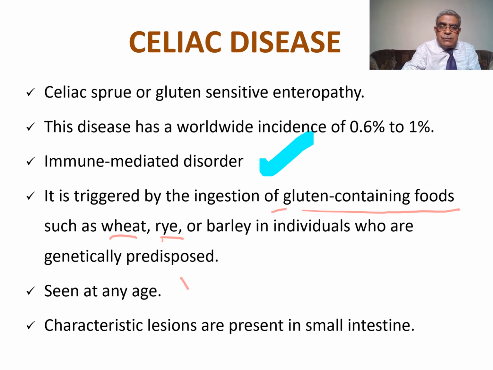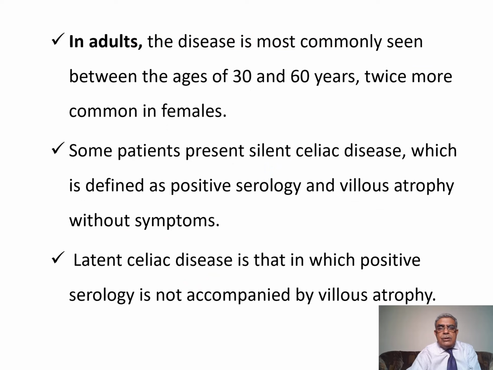Seen at any age, characterized by lesions present in the small intestine. Now, this disease can be seen in adults and can be seen in children. When seen in adults, this disease is seen between the ages of 30 and 60 years and is twice more common in females.